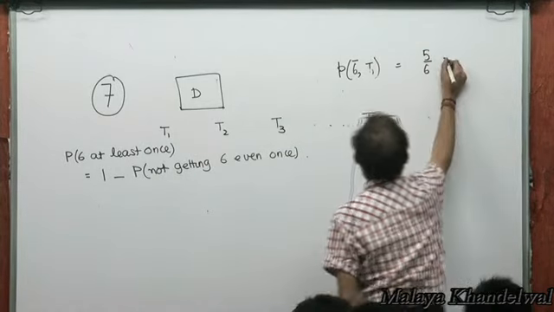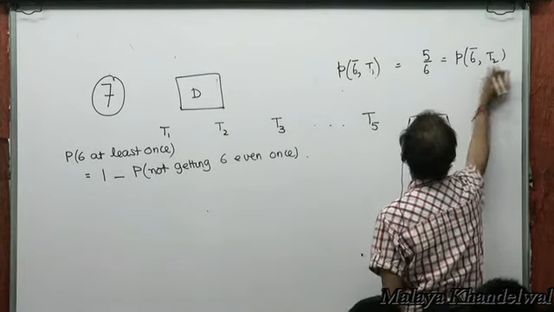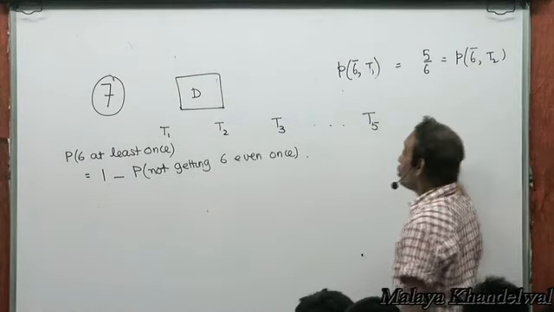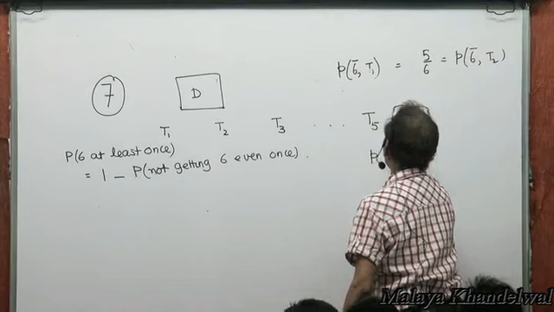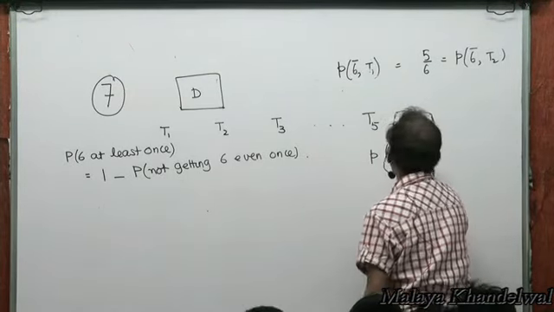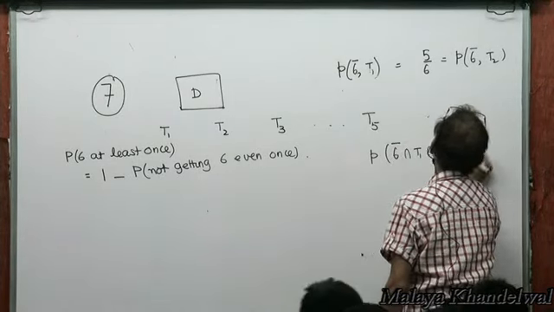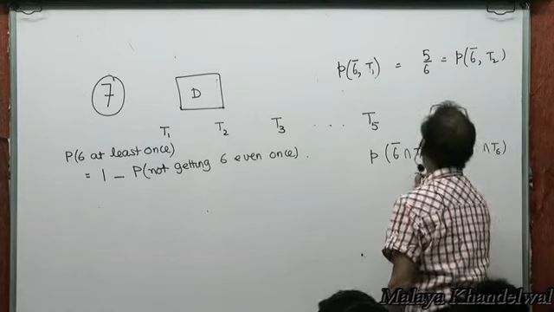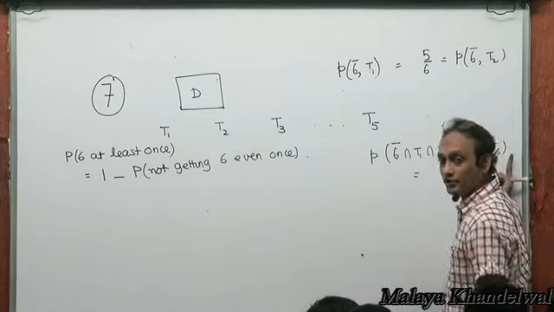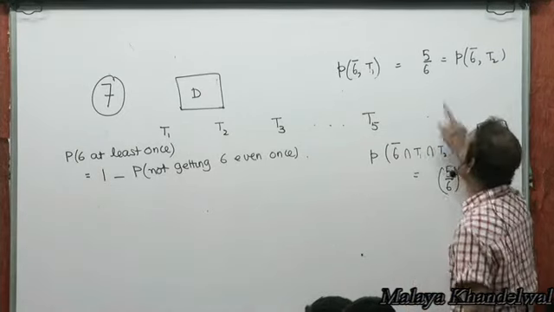And the probability of not getting 6 in T2 is the same, and the same as the probability of not getting 6 in T3. Yes or no? So the probability of not getting 6 in T1, T2, T3, T4, T5 is the probability of not getting 6 in T1 into T2 into T3, which would be 5 by 6 each because they are independent events.